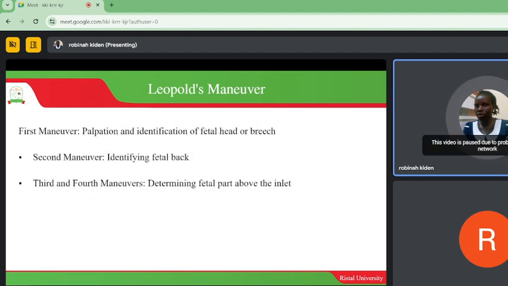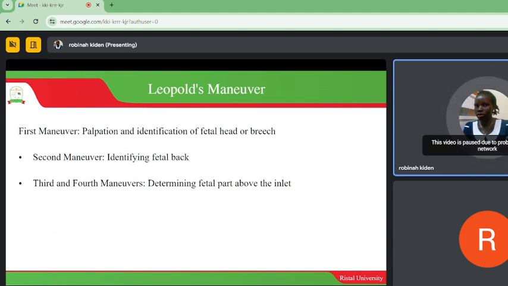So the first maneuver in Leopold's maneuver involves palpation and identification of the fetal head or breech. You search with your hands externally on the abdomen to find out where the fetal head or the breech is located.